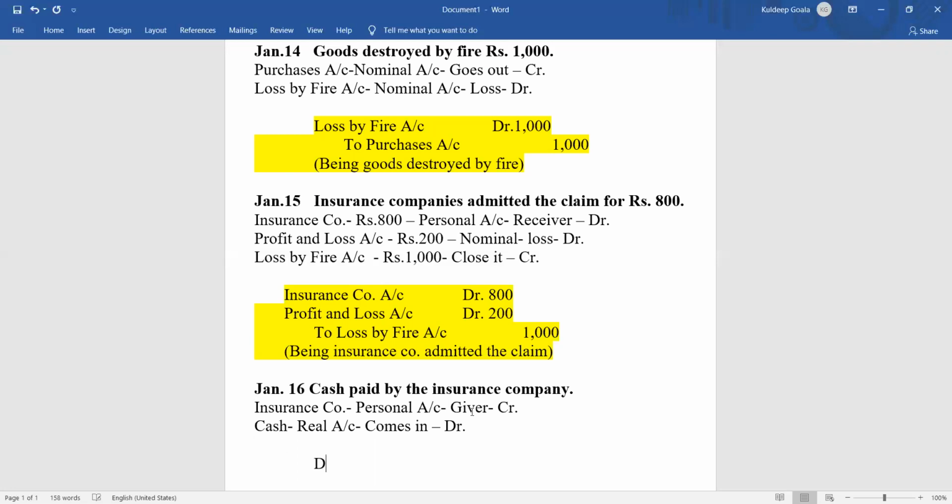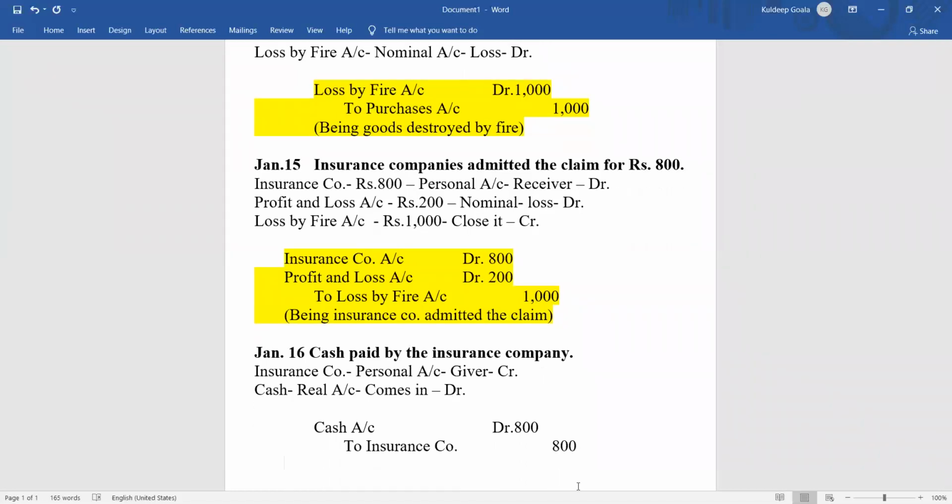What is the journal entry? It will be cash account debit. How much? It is 800 rupees. Automatically we know, because we have seen that the claim admitted was 800, so the insurance company will pay only 800 rupees. To insurance company 800.